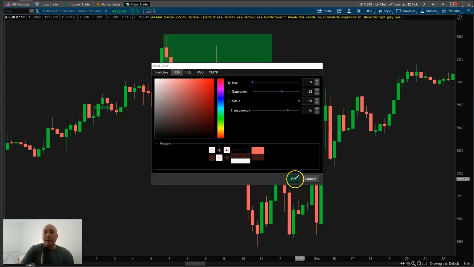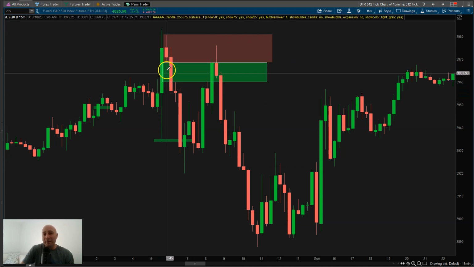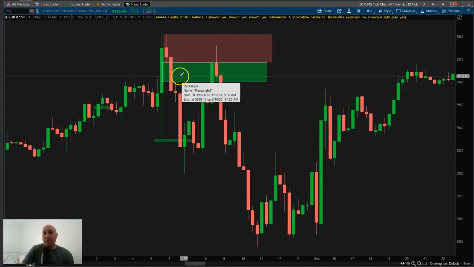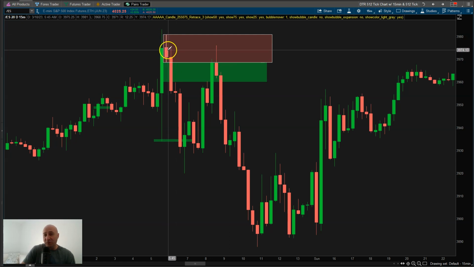Okay, we now have 2 different things going on this chart. We have a fair value gap here, but we also have an order block right here, and it's essentially this candle.